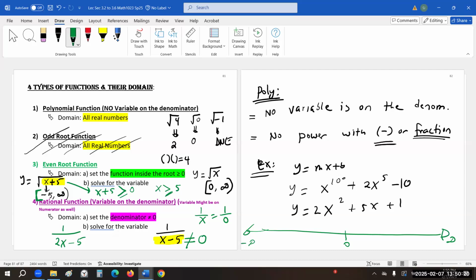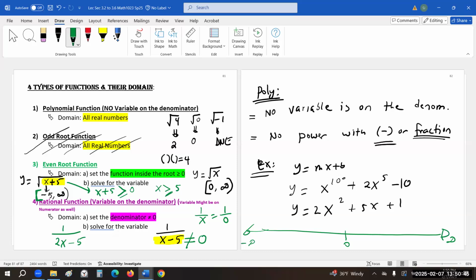So what number can we not plug in there? 2.5. Yeah. How did you figure that out? See how smart he is? He multiplied 2 with something that will give us 5, and 5 minus 5 is 0.